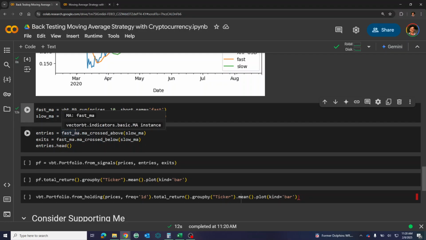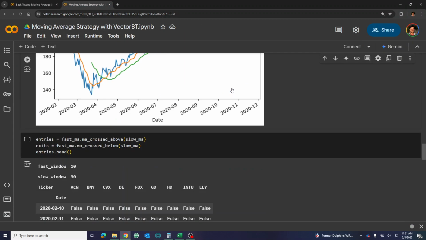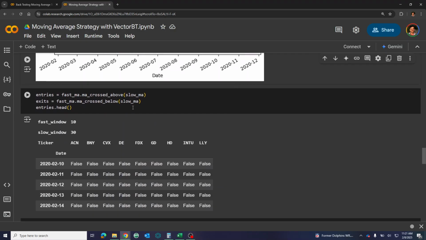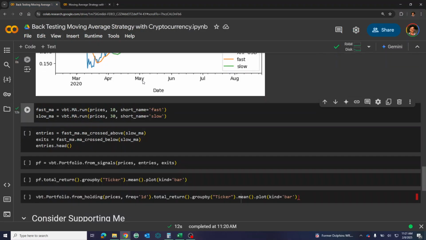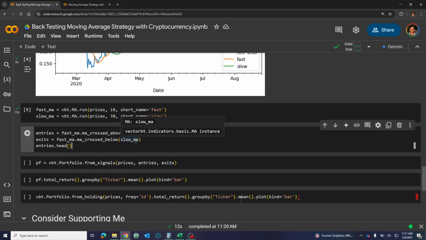It will then also, using the MA crossed above, and then you put in your slow. Oh, I have two slows here. That's probably not what it needs to be. Is that what happened? Oh, that's not right. No wonder we didn't really get very good returns. Wait a minute.